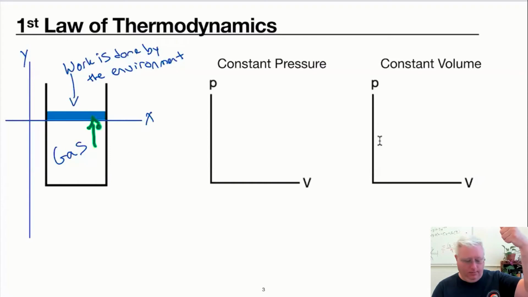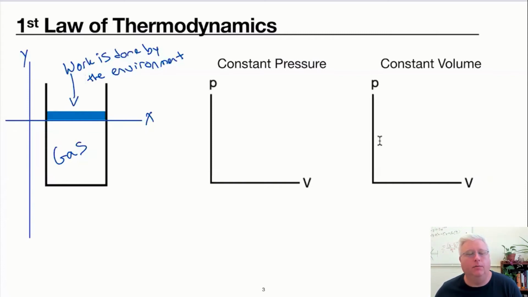But the environment exerts a downward force on the gas. Okay, it uses the piston to do that, but the environment is what exerts a force back downward. Okay, so we have sort of like Newton's third law, right? We have action-reaction pair.